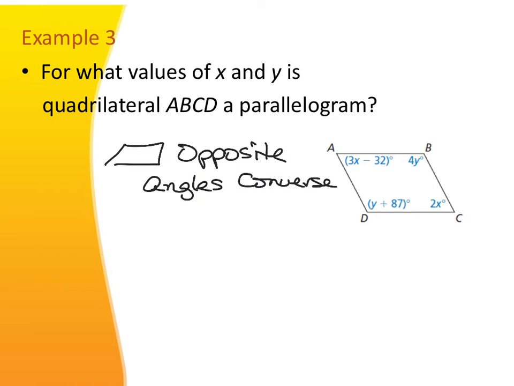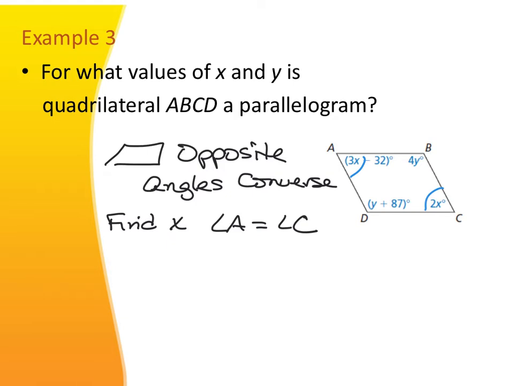So if the opposite angles are congruent, then our quadrilateral is a parallelogram. So to find x, I am going to set angle A equal to angle C, because these are opposite angles.